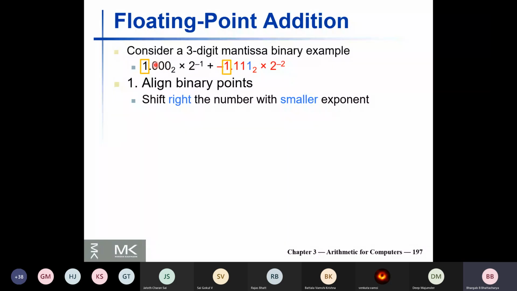So therefore, I need to shift this binary string to the left. So this binary point will come here. So you have 2 leading digits on the left of the binary point. On the other hand, if I do this, my leading number of bits is going to reduce. I don't want to have more bits before the binary point. So that's one reason, because otherwise my addition process would have been complicated.